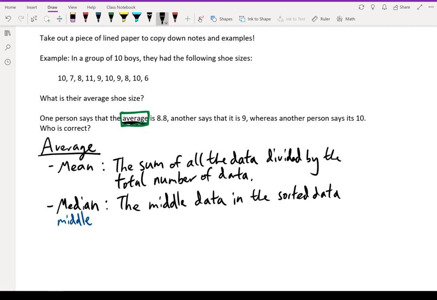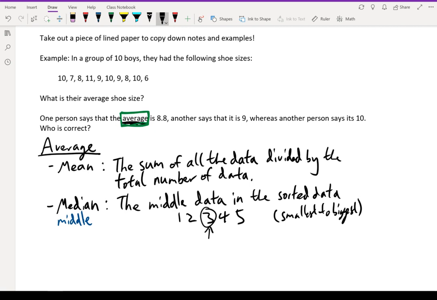For example, if I have 5 numbers, 1, 2, 3, 4, and 5, this is already sorted from smallest to biggest, okay? Smallest to biggest. Okay, and so the middle data is that 3 over there. It is just right in the middle. Now notice that it is the middle number.